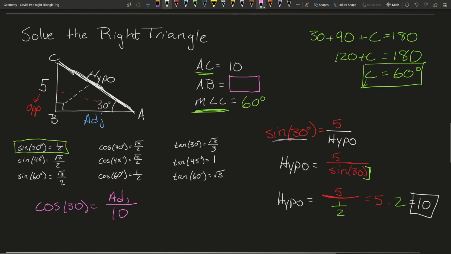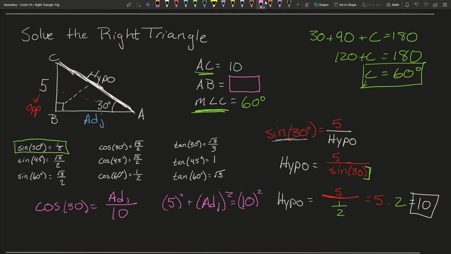Or you could do the Pythagorean theorem: 5 squared plus the adjacent squared is equal to 10 squared. Opposite squared plus adjacent squared is equal to hypotenuse squared. You could do either one of those two, and it's really up to you, whatever you're more comfortable with.